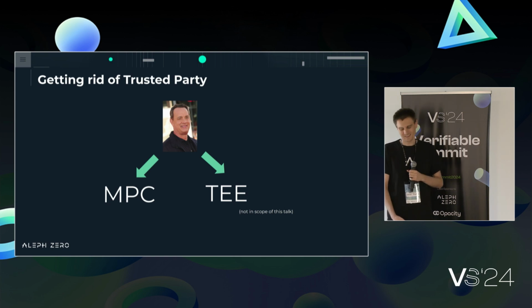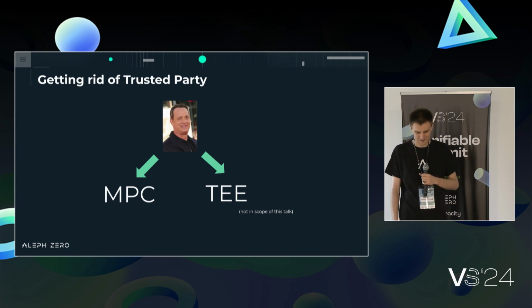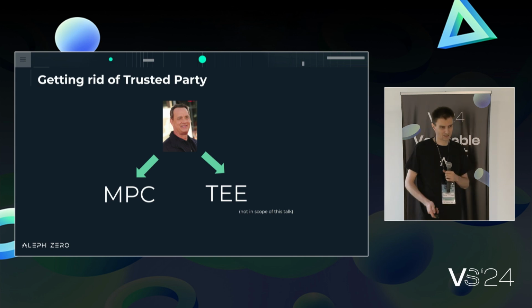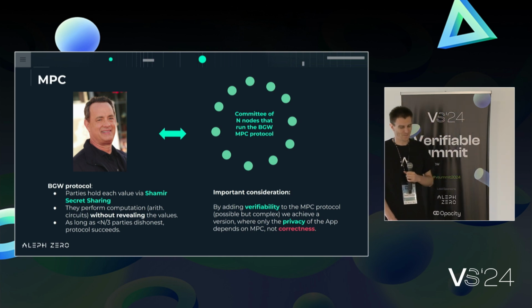Essentially, there are two ways that many crypto projects are actually exploring. One is multi-party computation, the cryptography solution, a software solution, and the other is trusted execution environment, which is hardware. In this talk, I will talk about MPC very, very briefly. So what is MPC? MPC is a trusted party which consists of a committee of nodes.